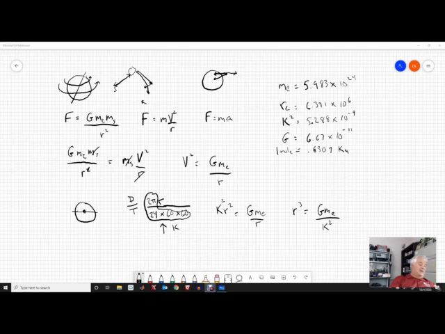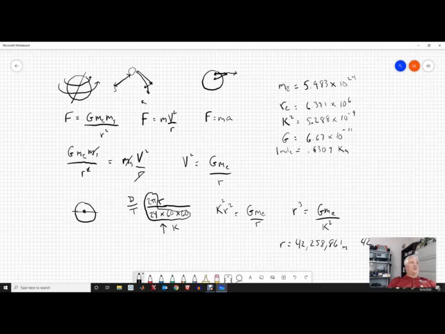And I get the answer, r is going to equal 42,258,861 meters, or 42,258 kilometers, we'll chop off the rest. That's the orbiting altitude that is required.